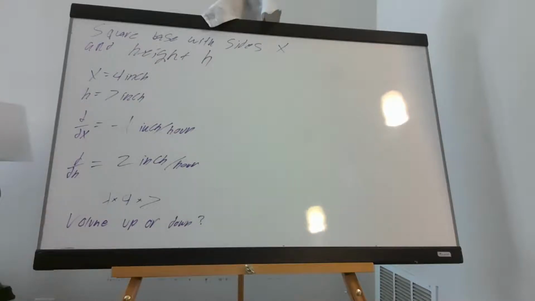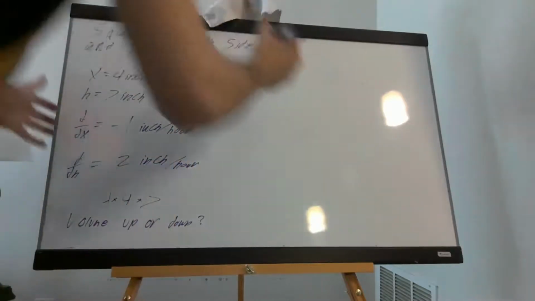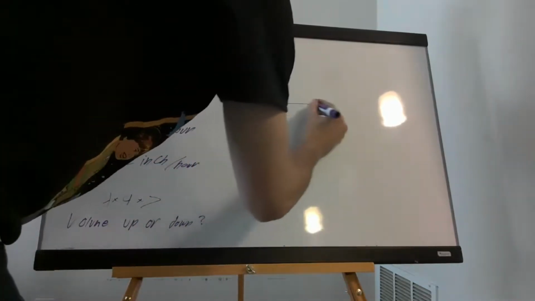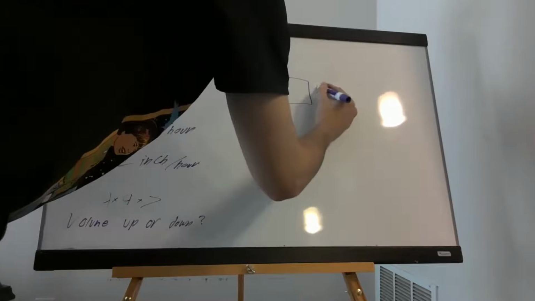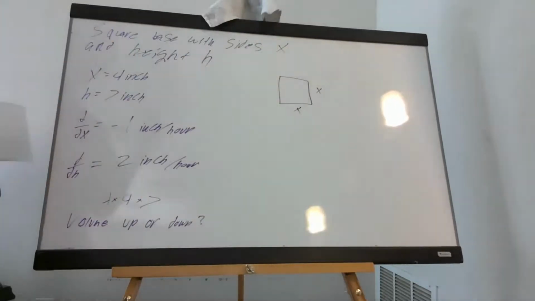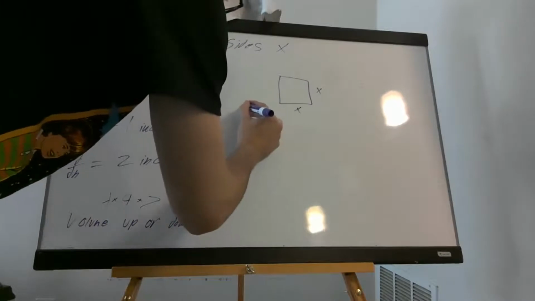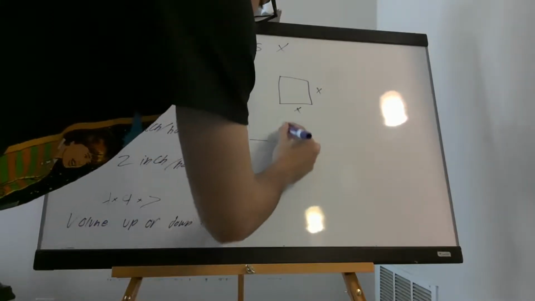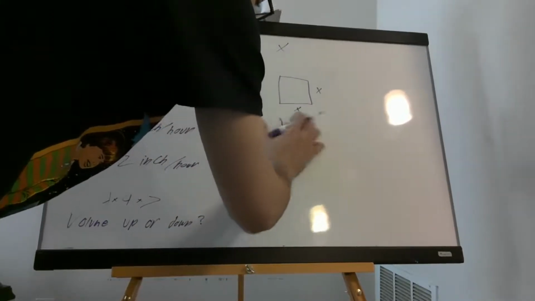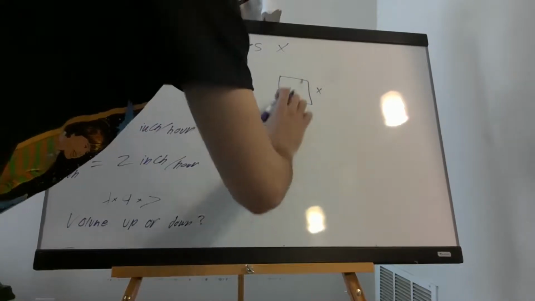So we have a box with square base. All right, so we got a square base here with sides x. That means that its width and its length are the same, but it is a cube. So I'm going to draw that a little lower down.